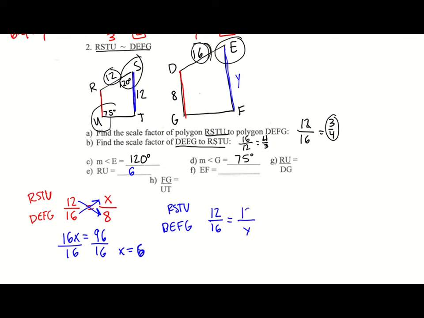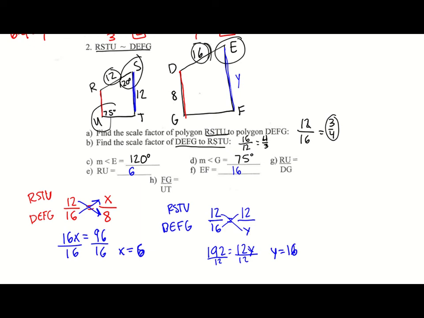That means I'm going to put a 12 on the top over here. Now, looking at this right away, if I have 12 on top of both of those fractions, the only number that y can be is 16 if they're going to equal each other. But if you want to check, you get 16 times 12 is 192. It's equal to 12y. Divide by 12 on both sides, and you get y equals 16, which is EF. Okay?